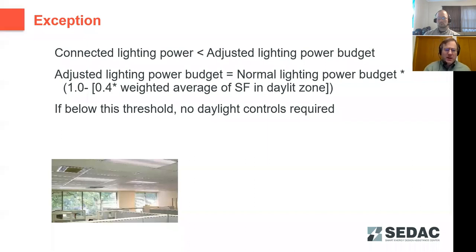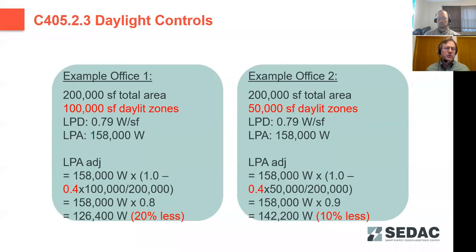So this is why I typically like to start with this exception: it simplifies the building, which, if we can make buildings simpler to operate, they're more likely to be able to maintain that level of performance over time.